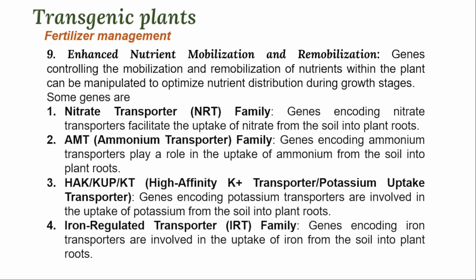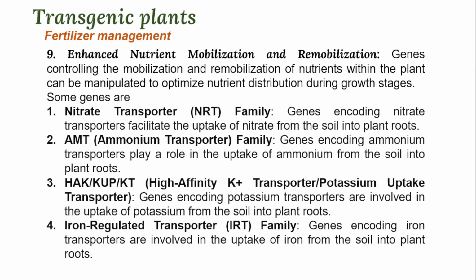And one more strategy we can use is enhanced nutrient mobilization and remobilization. As we discussed, some genes help in nutritional uptake, but some protein families also help in the transportation of these nutrients into different plant parts, like leaves and stems.